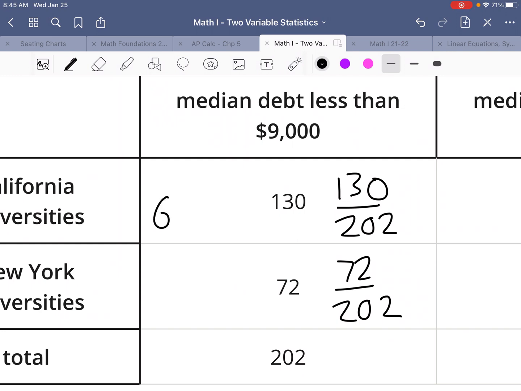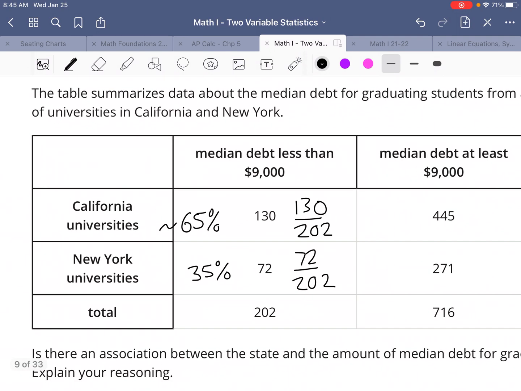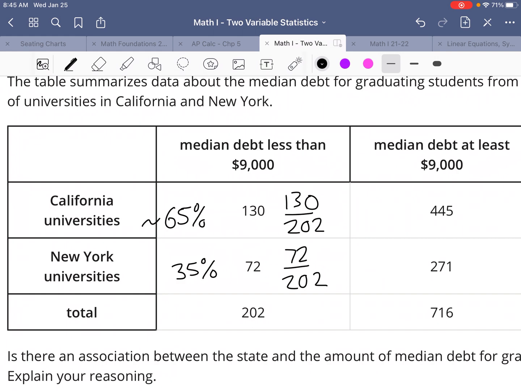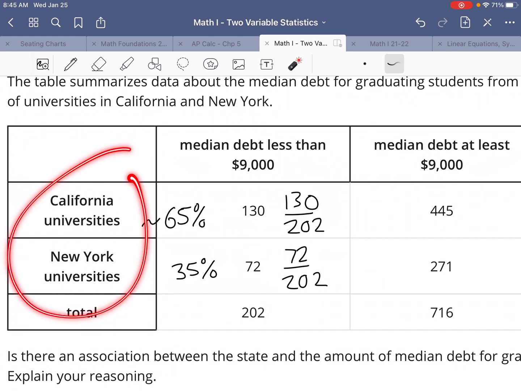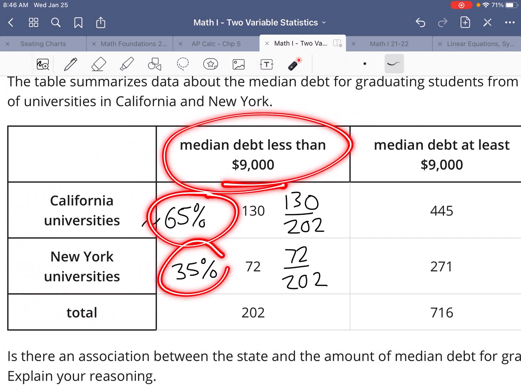I don't actually know. I should have calculated that. That's approximately 65%, but actually do the calculation for yourself, because I'm not entirely sure. And then this looks like it's probably going to be around 35-ish%. So looking at this, there might be an association between the state and the amount of debt somebody has. 65% of people with debt less than $9,000 went to California universities versus New York universities.